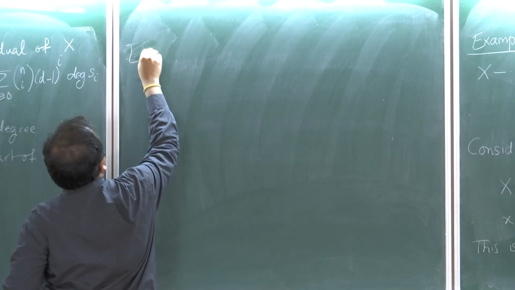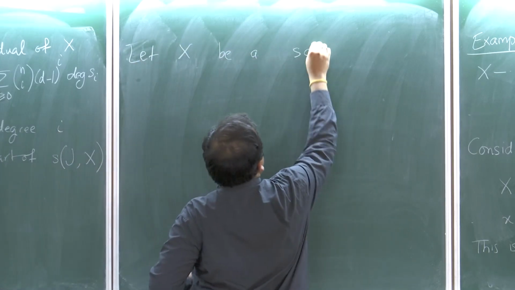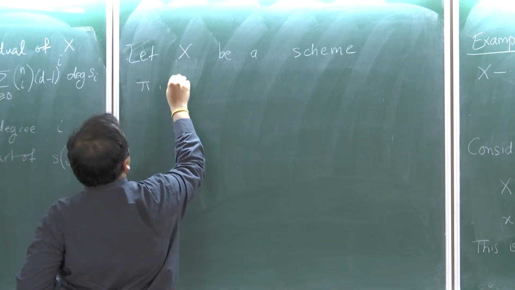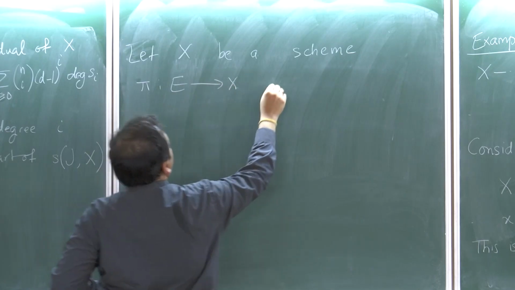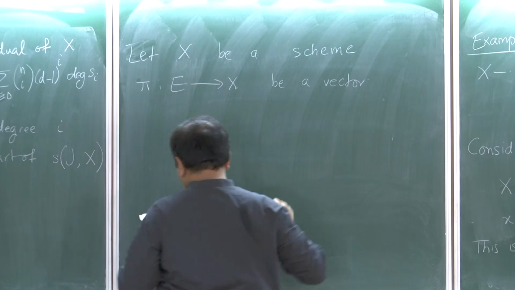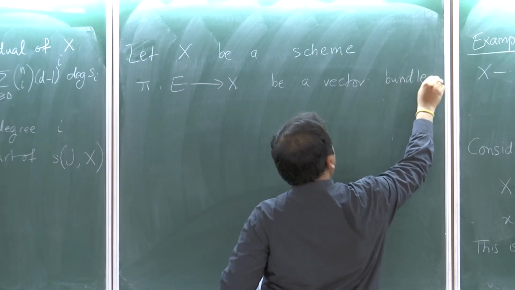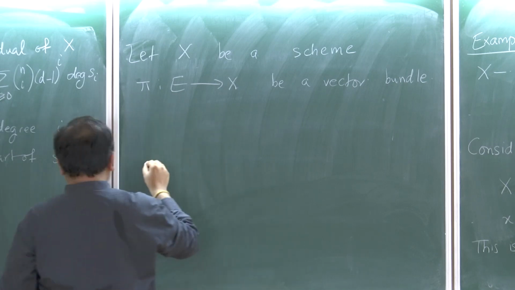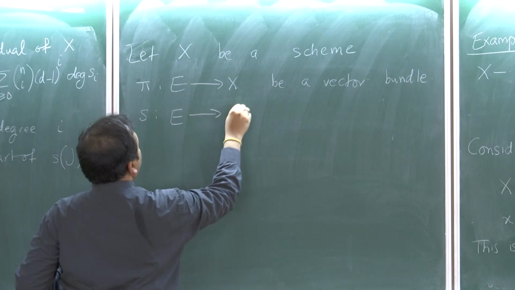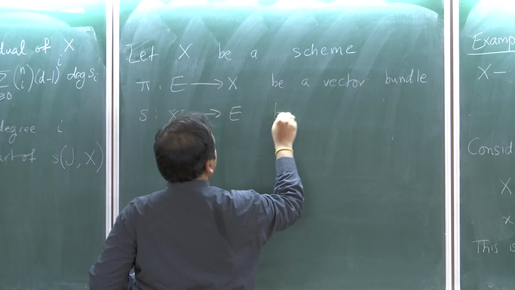So let X be a scheme and pi from E to X be a vector bundle. Then let s from X to E be the zero section.